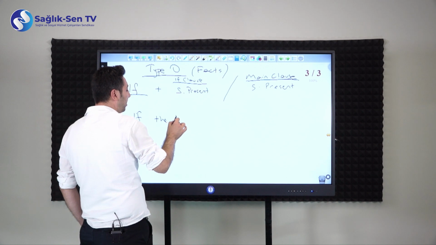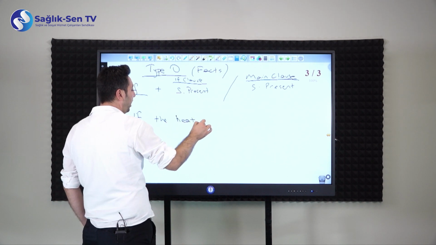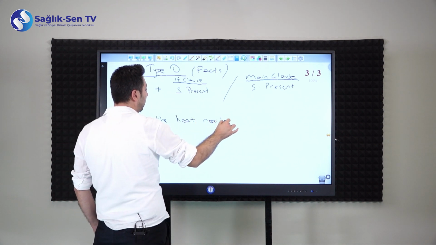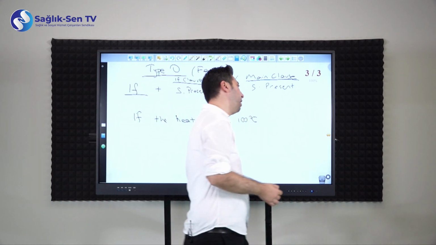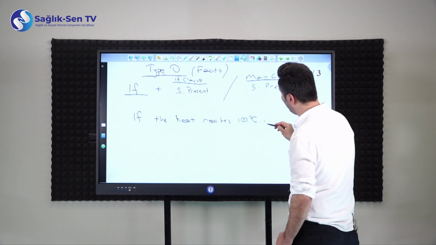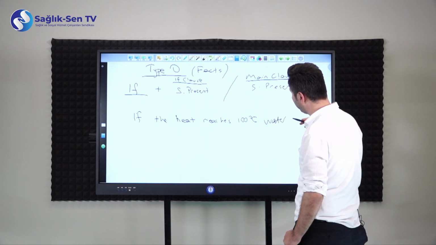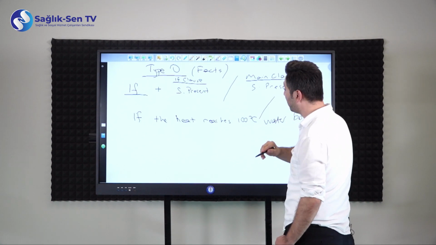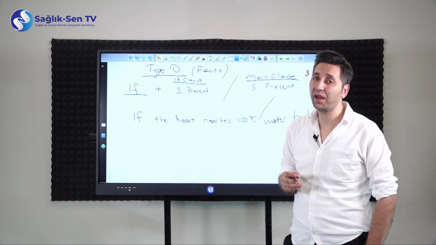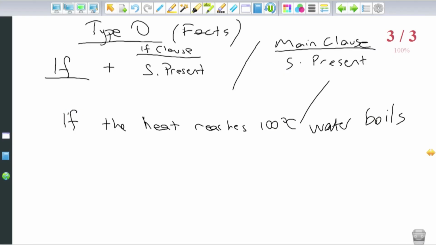The degree or heat, we can say, if the heat reaches 100 centigrade degree, water boils. It's a scientific fact that we have been learning since our childhood, especially in science lessons. They're always talking about that one.